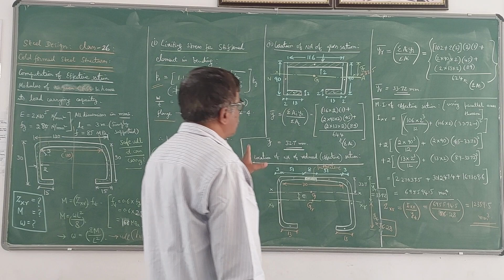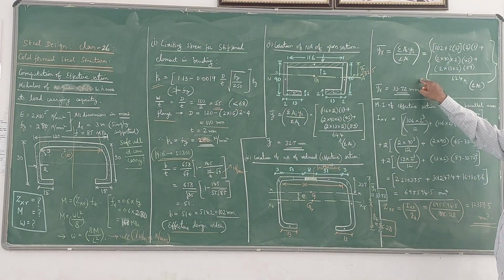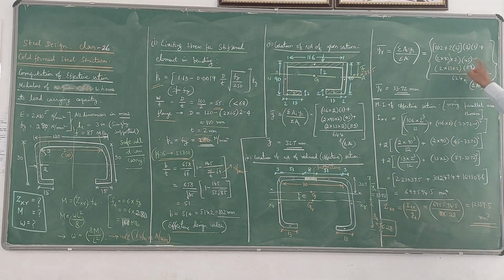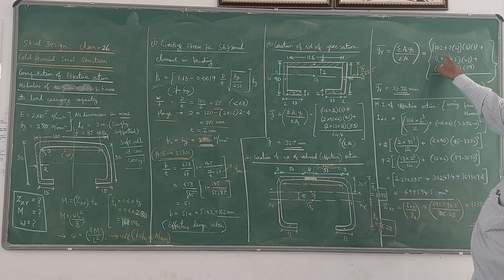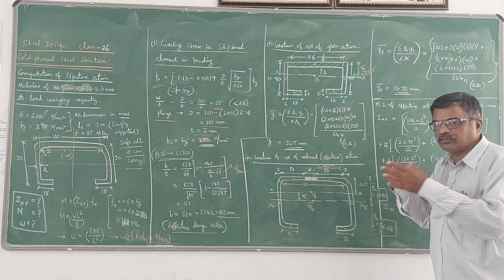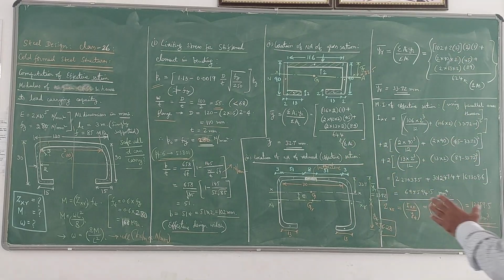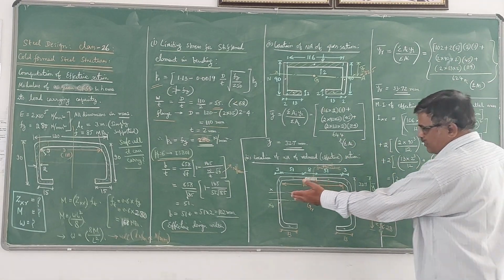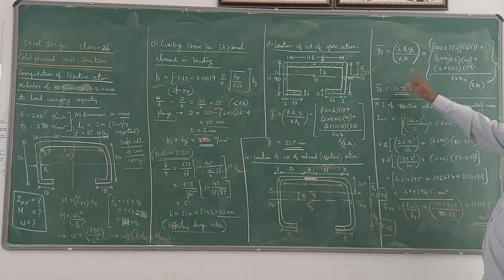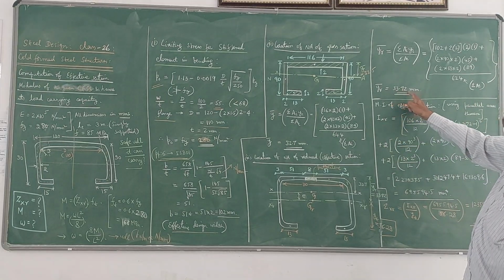If you proceed on the same lines and locate the centroid of this reduced or effective section using the same formula, sigma ai yi means the moment of the area of those individual rectangles with respect to the axis of reference, you are going to get YR bar as 33.72 mm.